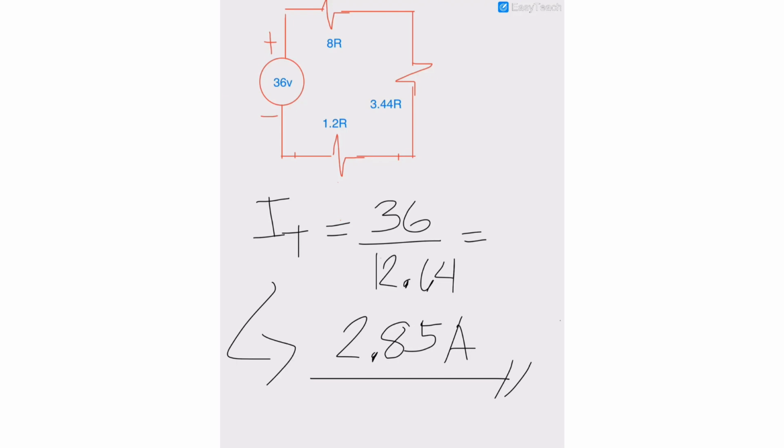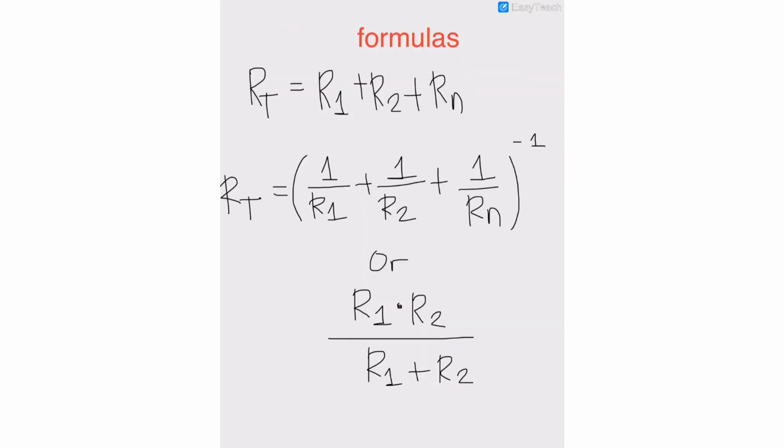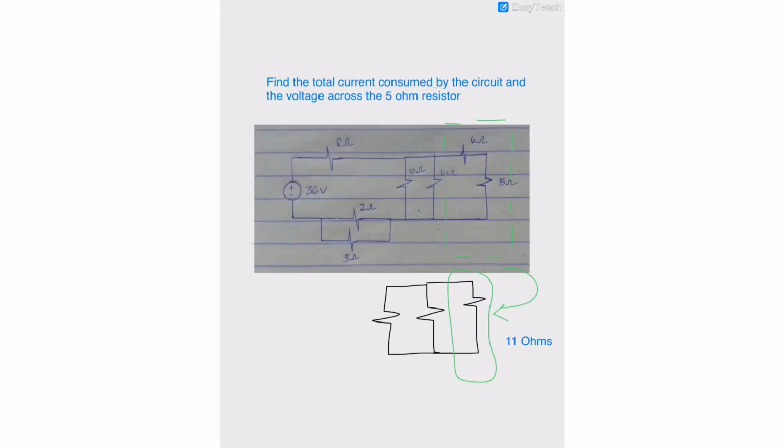Next is to find the value of the voltage across the 5 ohm resistor. So how can we do that? It's just the same process but in the reverse manner. We know that the total current flowing through the circuit is 2.85 amps.